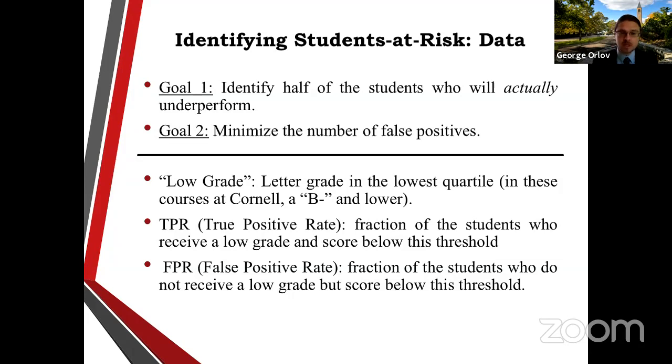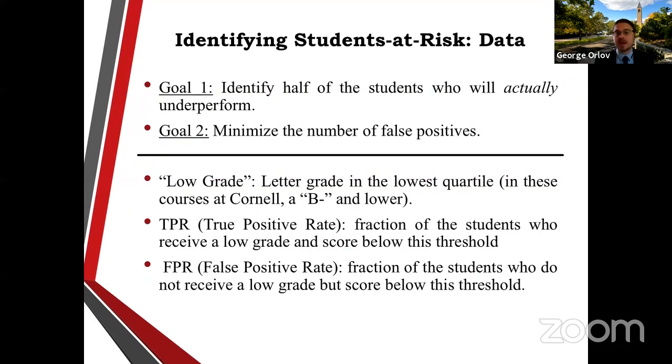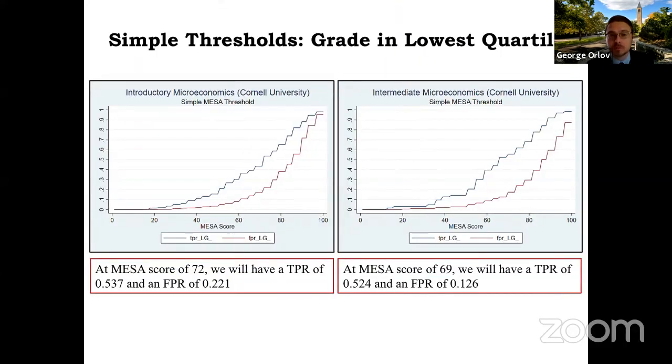The two statistics we're looking at are the TPR, the true positive rate, the fraction of students who will receive a low grade and score below the threshold, and the false positive rate, the fraction of students who do not receive a low grade but score below the threshold. And so we are offering a few ways to try to identify the students who fall in this category, based on assessments or based on a more sophisticated model.